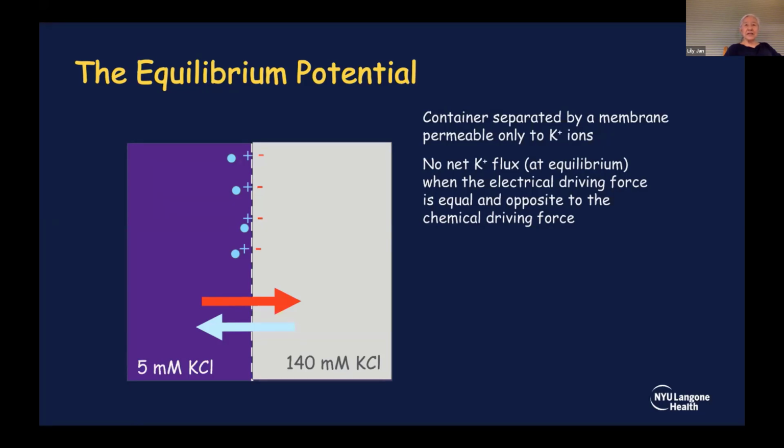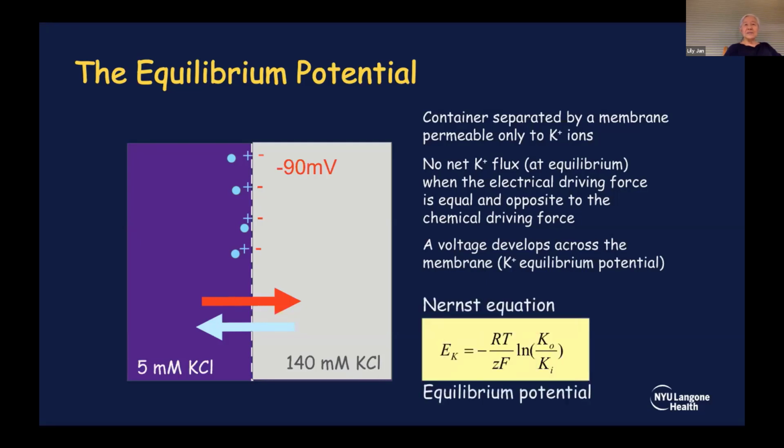So that's the equilibrium. And so the voltage at this point is the potassium equilibrium potential. We typically just call it minus 90 millivolts. And that's determined by the Nernst equation for potassium equilibrium potential.